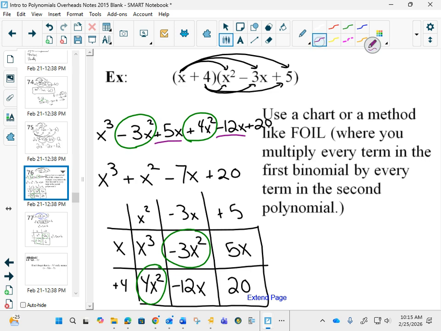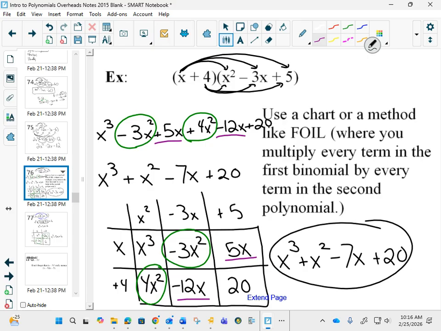I'll underline in purple. You see that those underlined in purple match up to what I underlined in purple on the other side. And then when you write your answer, okay, we've got an x cubed. These two can be put together. 5x and the minus 12x can be put together, and I still have the plus 20 to get my final answer.